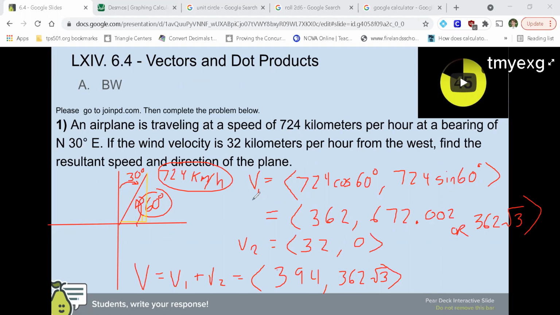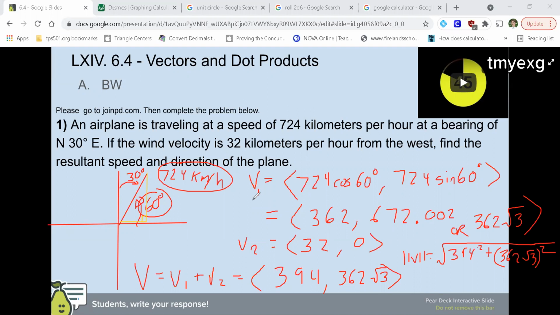All right, to find its magnitude, we're just going to take the square root of the sum of the components squared. Type that into the old calculator. Oop, parentheses.